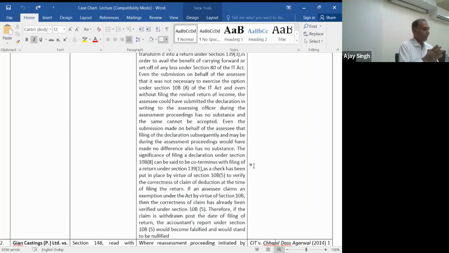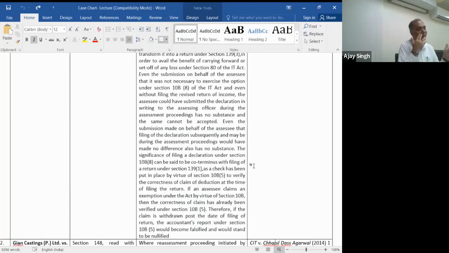So one needs to be careful now when filing a revised return, and should take into consideration this particular decision of the Supreme Court. Being a decision of the Supreme Court, one has to keep this in mind, because if at a later point of time some further clarification or dilution of this decision is made, it will take its own time.